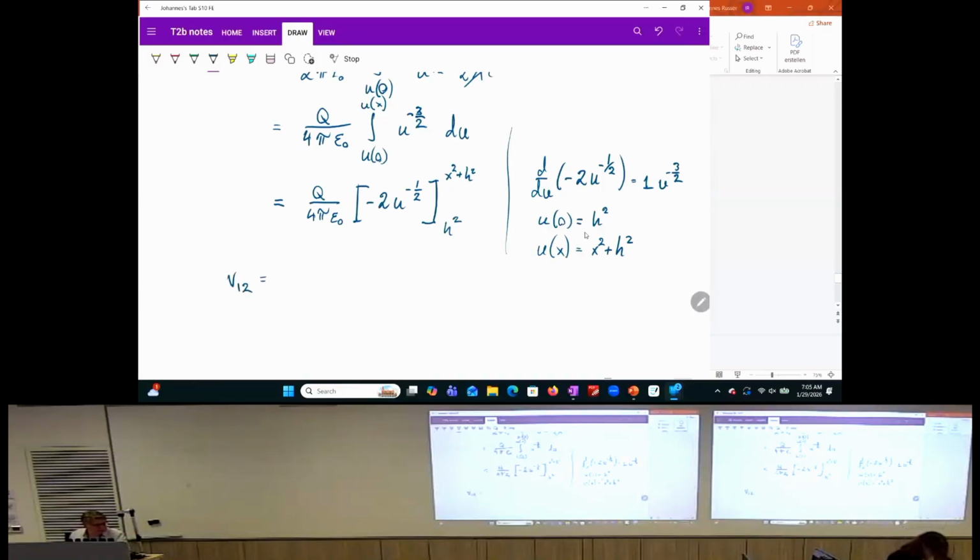So then we have here q over 4 pi epsilon naught, and now you set in the integration boundaries. The endpoint is x squared plus h squared. So we have here this 2. Let me already pull that out: 2 over 4. So I pull that 2 to the front.